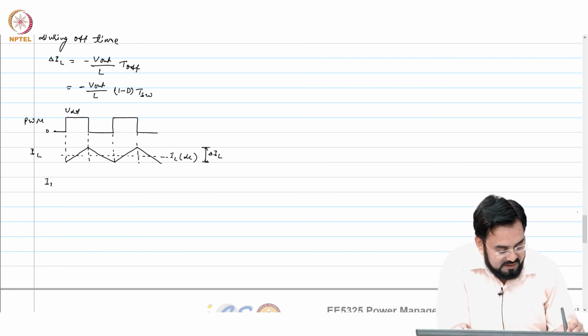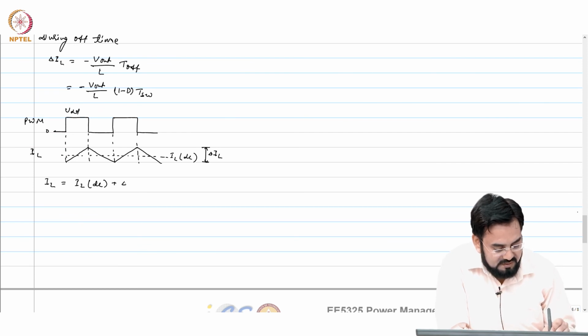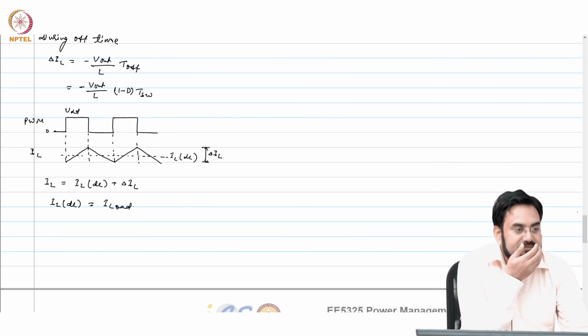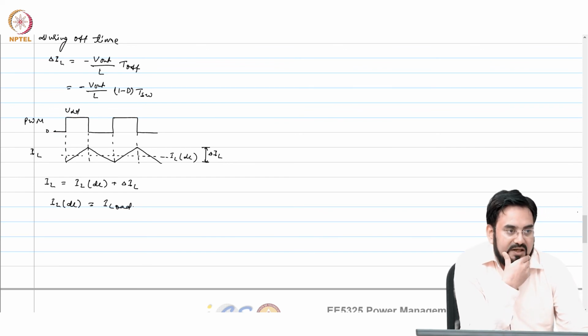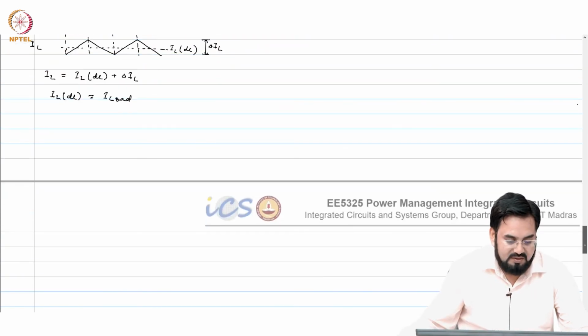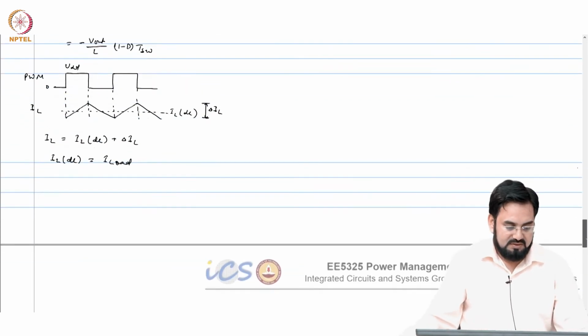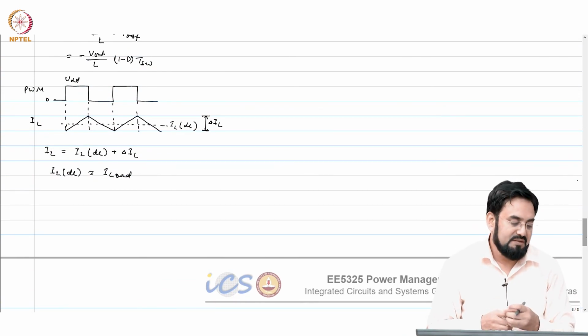So your inductor current consists of IL DC plus delta IL, and IL DC is nothing but I load. Okay. So your average inductor current will be the same as your load current if your output is constant. So in the steady state, your inductor current will settle to I load and output will settle to D times VDD.